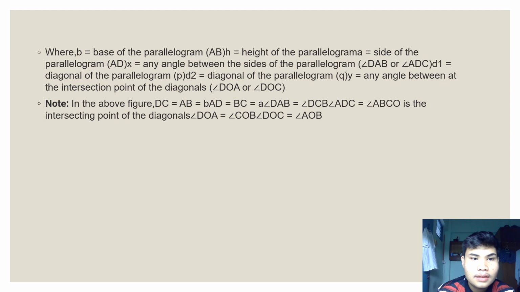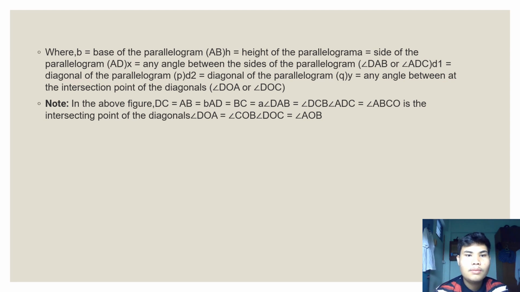D1 equals the diagonal of the parallelogram, P. D2 equals the diagonal of the parallelogram, Q. Y equals any angle at the intersection point of the diagonals, angle DOA or angle DOC.